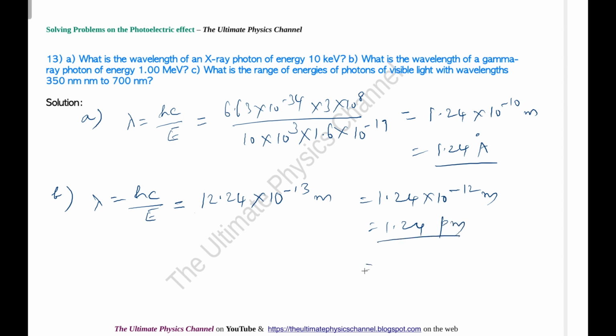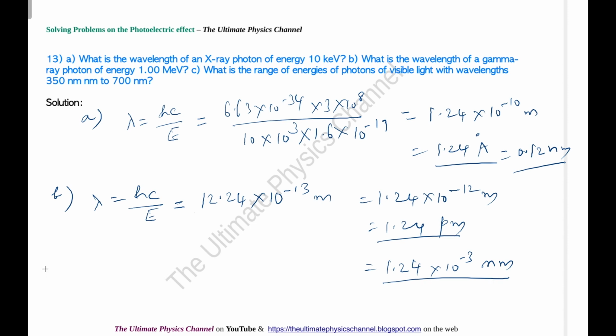Or in terms of nanometers, if you want to express, 1.24 into 10 power minus 3 nanometers. Similarly here, 0.12 nanometers.